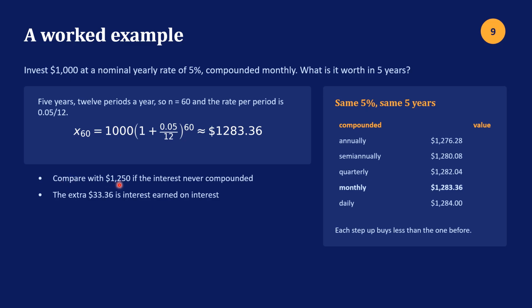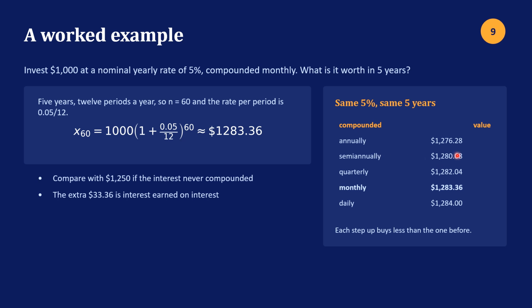Now, if you never compound it, we can compare, and that would just be $1,250. So the compounding gives you an extra $33.36. And then here I'm just showing different compoundings. Annual, once a year for 5 years.